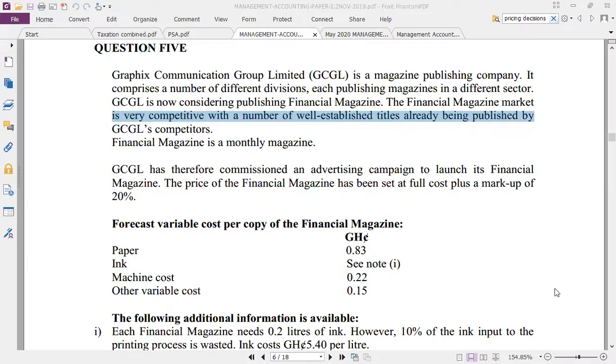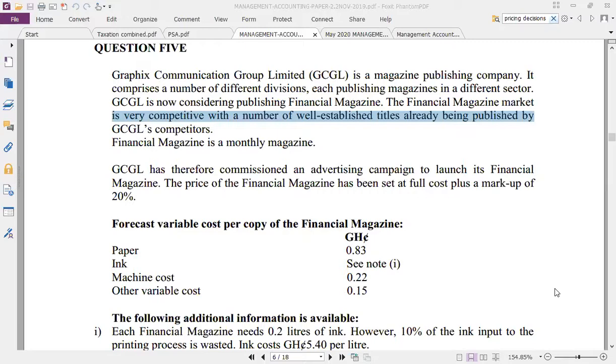Now, we cannot use this for decision making. The full cost is not a relevant cost. Why? Because it may include a past cost or a sunk cost. So as a result of that, we cannot use the full cost approach for decision making. Good.